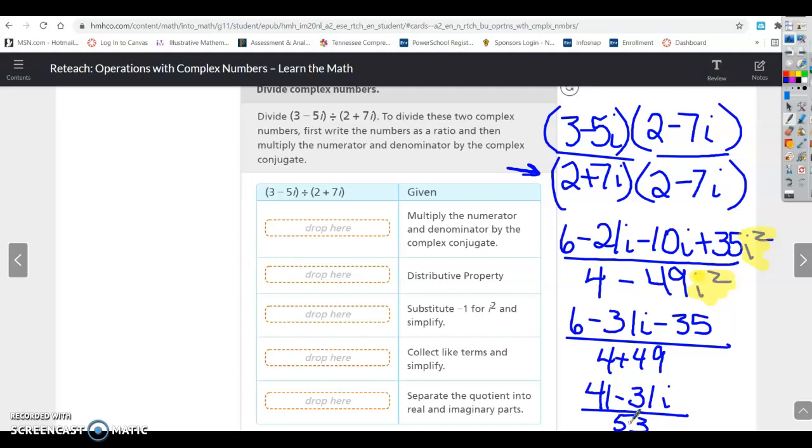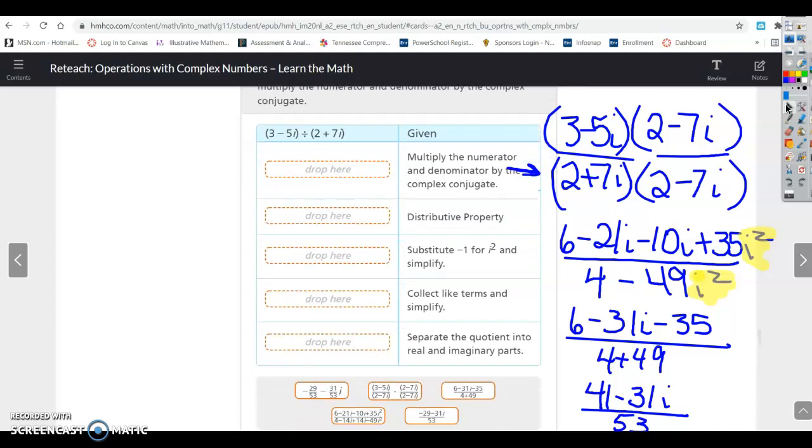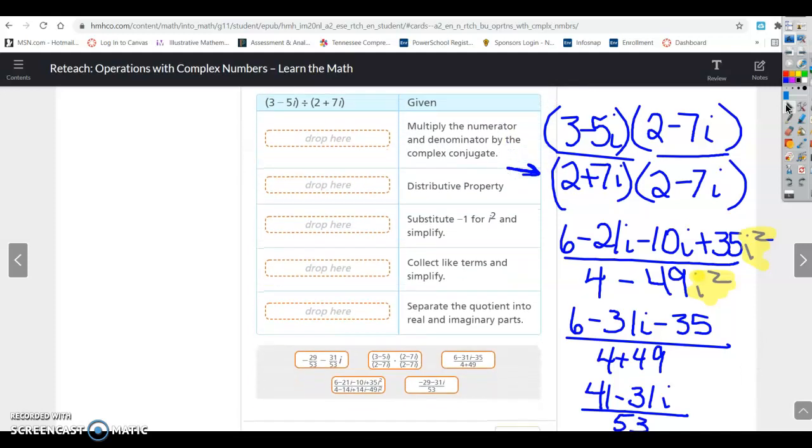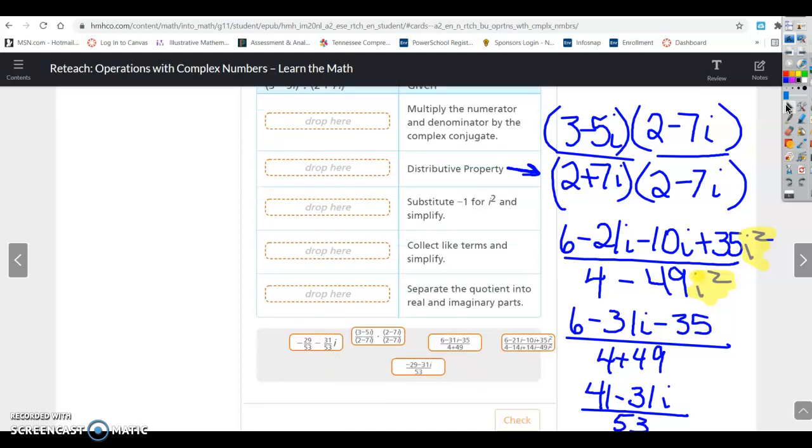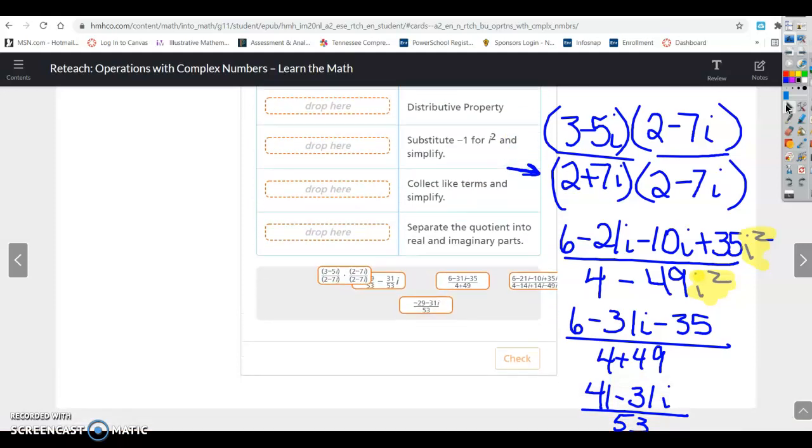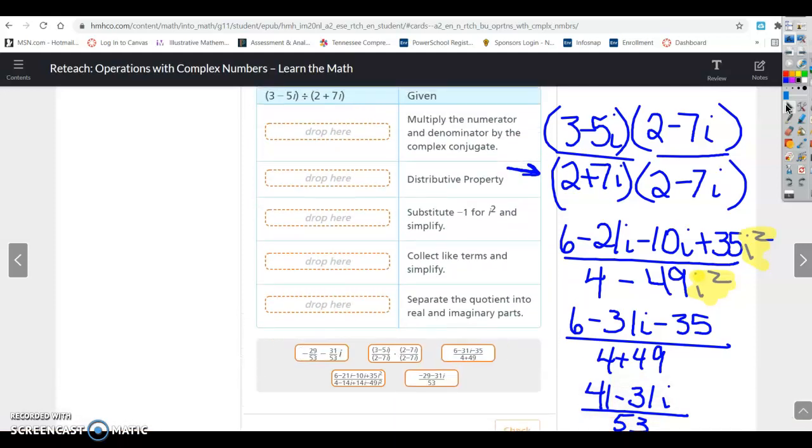All right, now let's see what we have if we look at our choices here. The first thing we have to do is multiply the numerator and denominator by the complex conjugate.